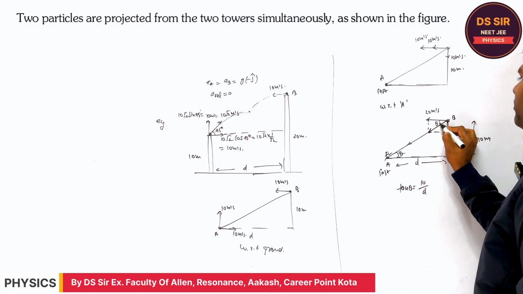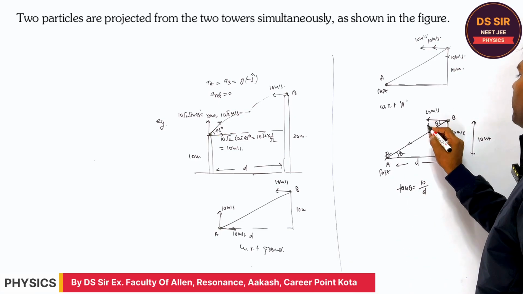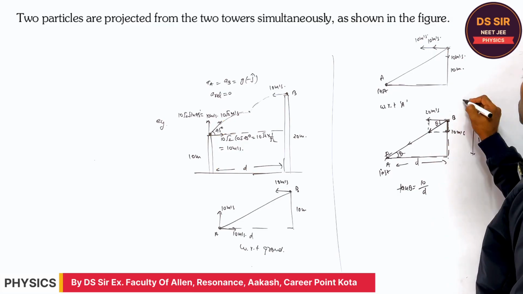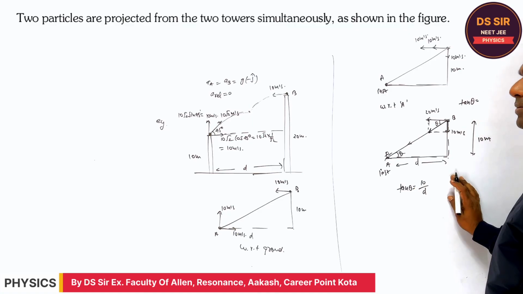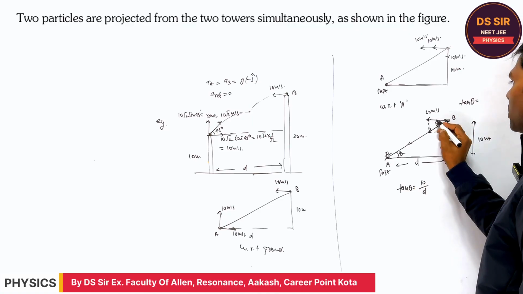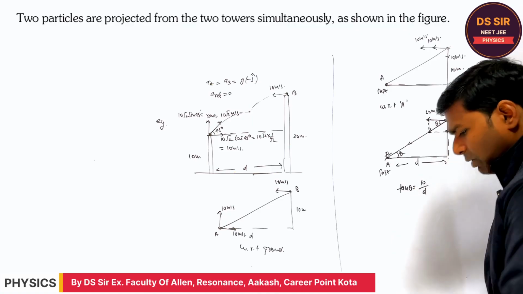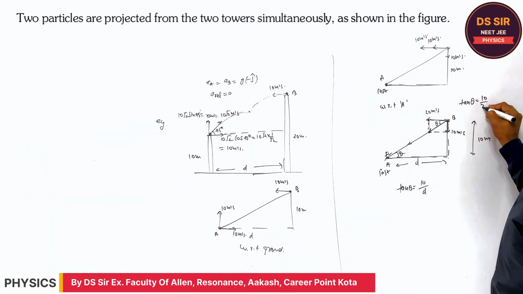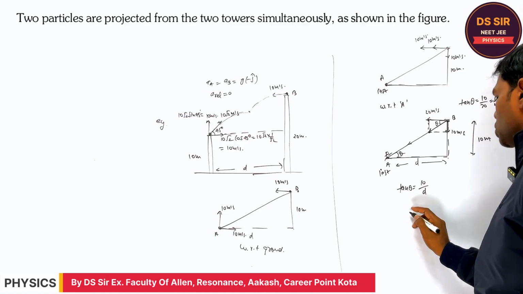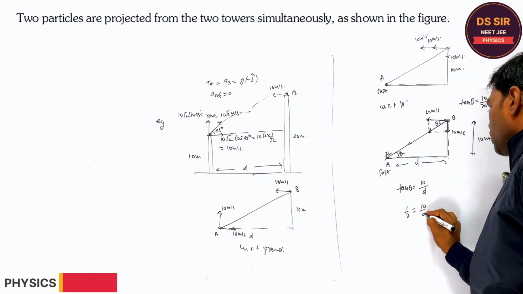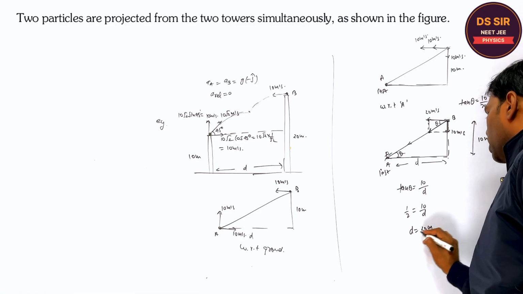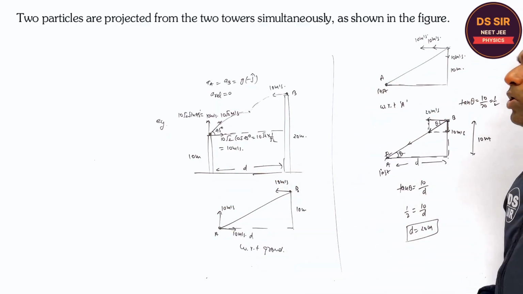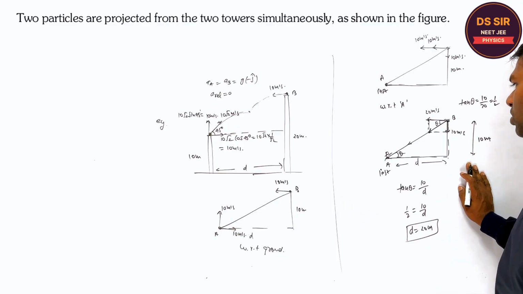Tan theta is perpendicular upon base, this perpendicular is 10, so 10 upon 20 is equal to 1 by 2. So tan theta value is 1 by 2, so D must be equal to 20 meter. The separation between them must be 20 meter. Is it clear or not?